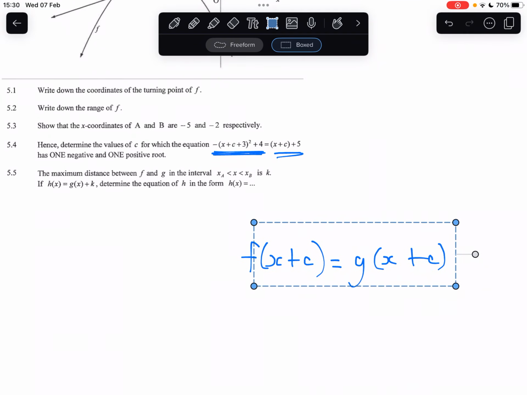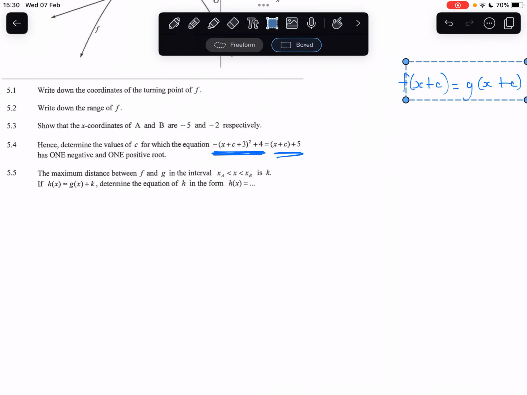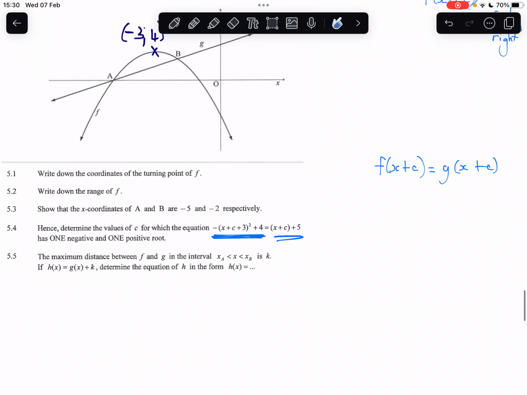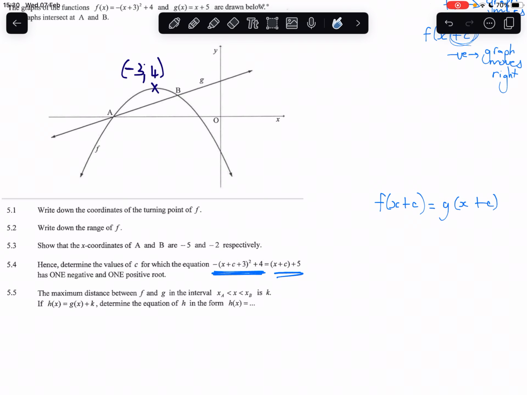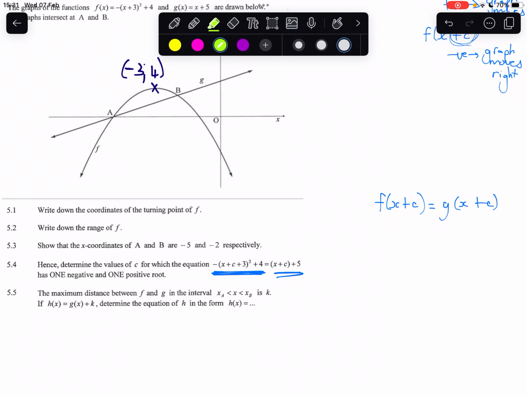Okay, cool. Right, so that's what we've got on the left. This is what this equation pretty much is. So let me just highlight it and say it is the same as that, right? So we are being asked for which values of c will this parabola shifted by c units and the straight line shifted also by c units.